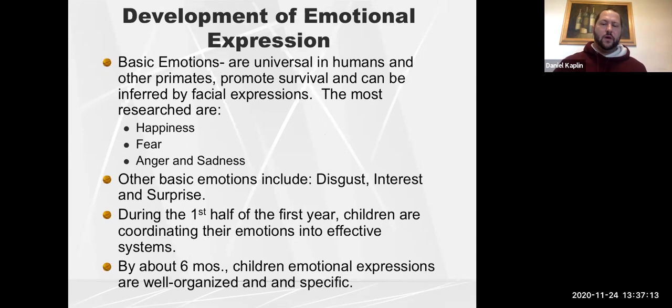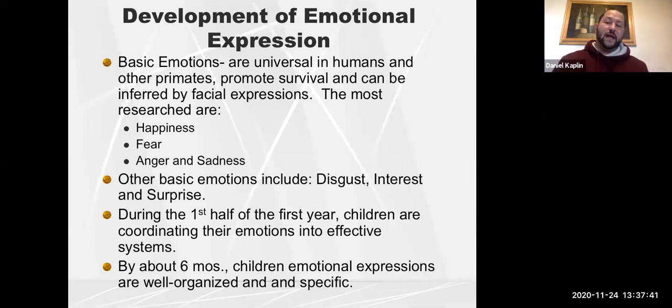So now let's start to identify some of the basic emotions. If you look at the work of Paul Ekman, he talks about there being really 6 basic emotions, and he studied them in many cultures across the globe. The basic emotions are happiness, fear, anger and sadness, disgust, interest, and surprise.